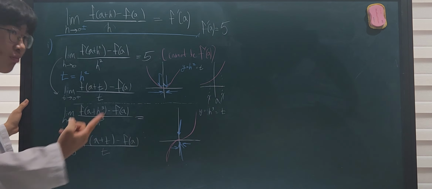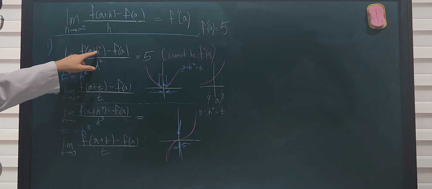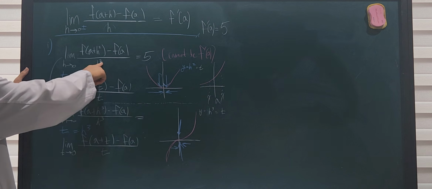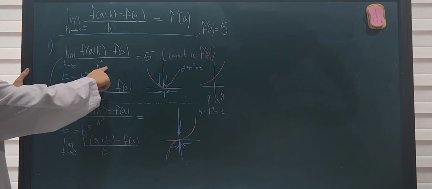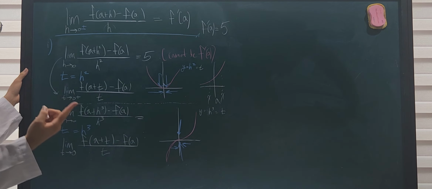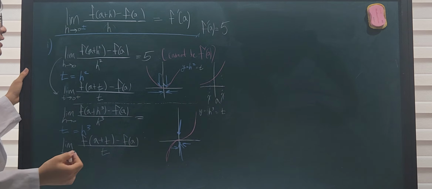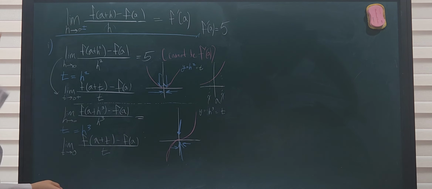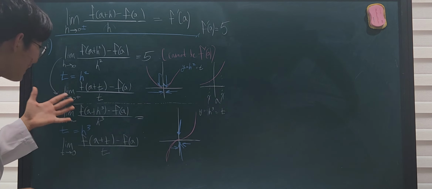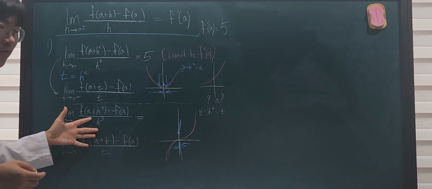So that is why, surprisingly, even though h with the power of 2 did not share the same mathematical identity and characteristics as the first principle did, this one is exactly equal to the identity of the first principle.